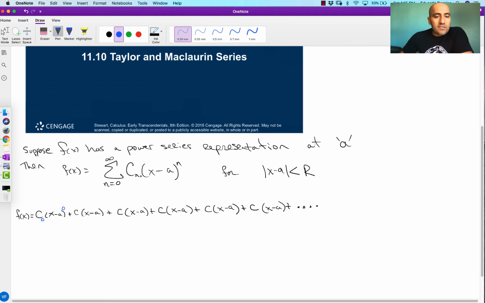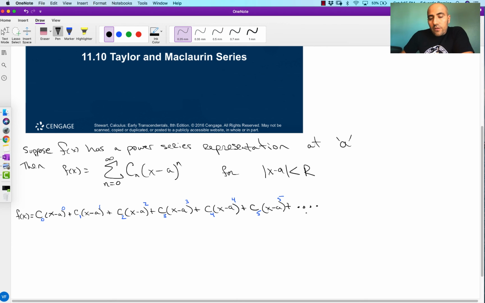That's when n equals 0. And then the next one is going to be c sub 1 raised to the power of 1, and then c sub 2 raised to the power of 2, c sub 3 raised to the power of 3, c sub 4 raised to the power of 4, c sub 5 raised to the power of 5, and so on and so forth, forever.